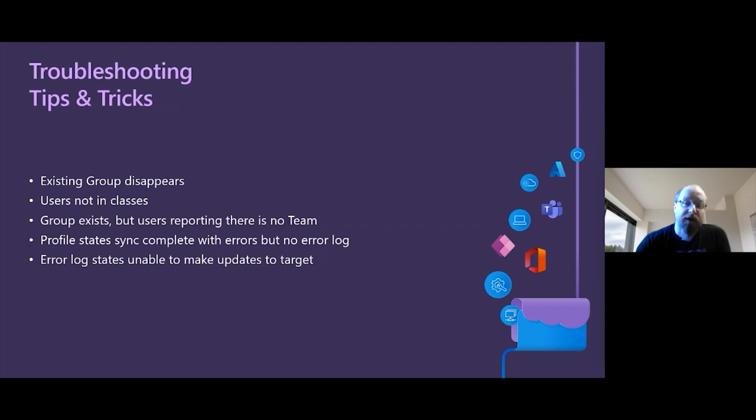It's very easy to identify if a team exists. You can check that within the M365 Admin Center or the Teams Admin Center. If it exists within the Teams Admin Center, there is a team, but it will not state whether or not that team has been activated. There is a setting on the team that you'll be able to see within Microsoft Graph to identify whether or not it's been activated.